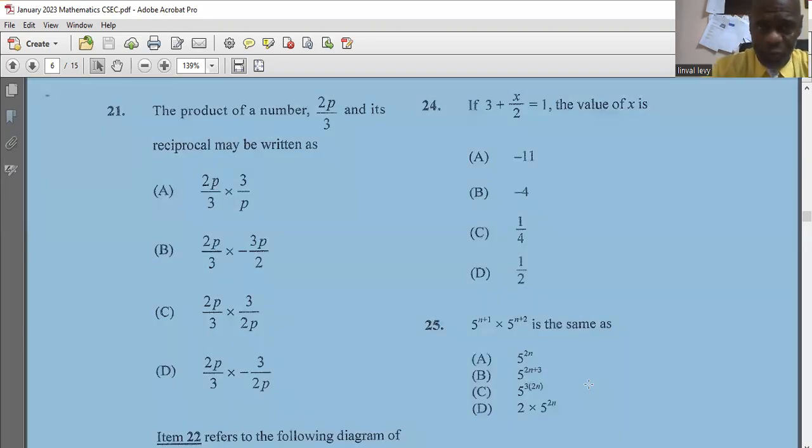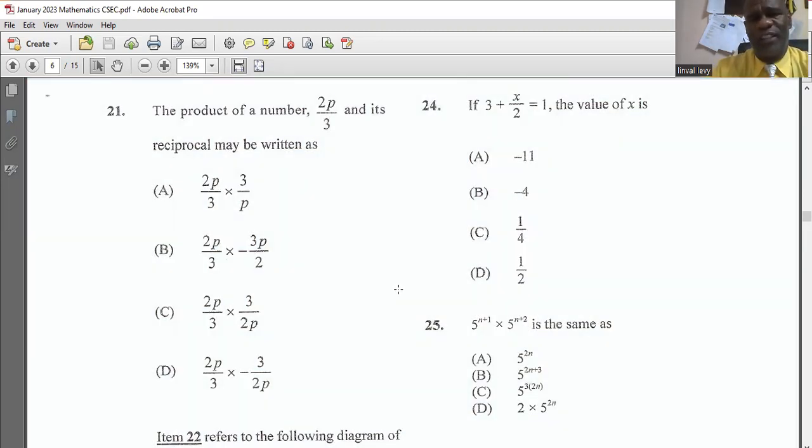Now, when you talk about the reciprocal of a number, it is its inverse. So the inverse of 2p over 3 is 3 over 2p. Just like the inverse of 3 is 1 over 3.